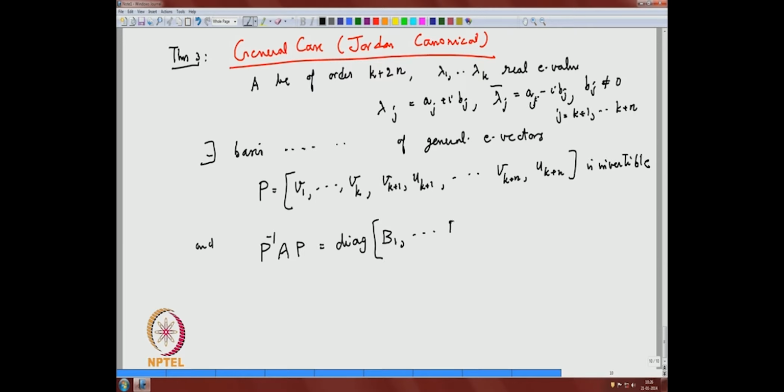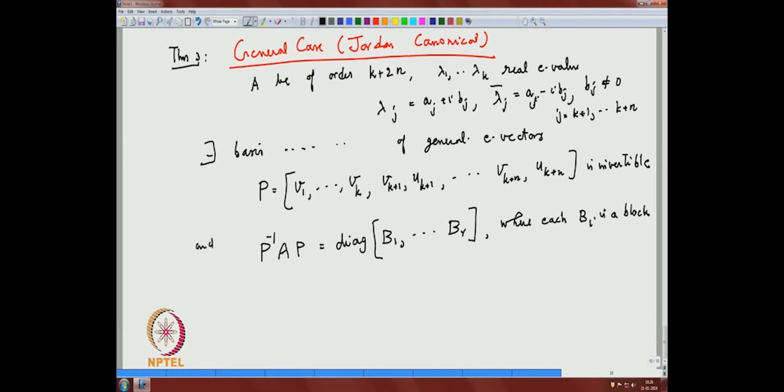For some R, we do not know, that all depends on the algebraic multiplicity, geometric multiplicity, various factors, where each Bi is a block. A block may be a 1 by 1 block also.